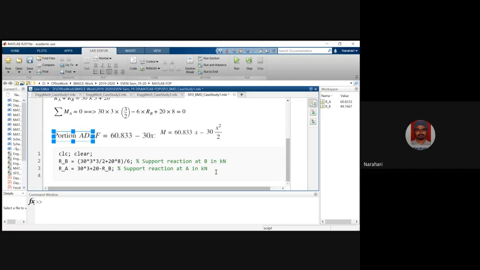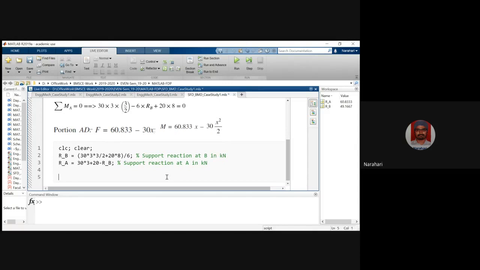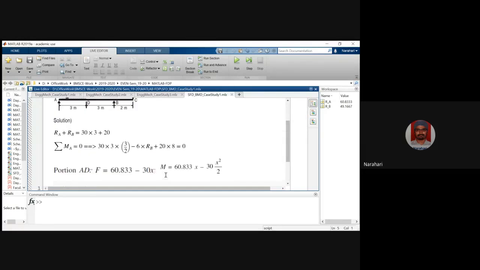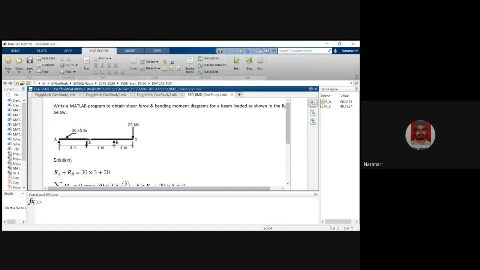So what we can do now, there are many ways you can write code for this. One very simple way, wherein you don't have to bother about using any loop or anything, is to initialize three separate portions. You can see here, this AD portion, the length of the beam is 0 to 3 meters. Then DB portion is between 3 meters and 6 meters.